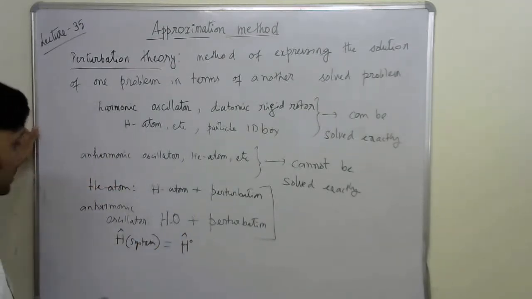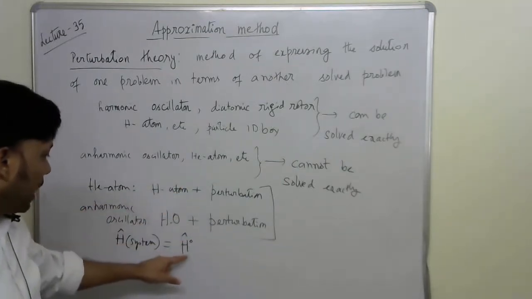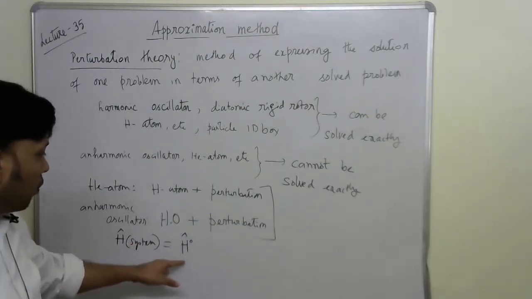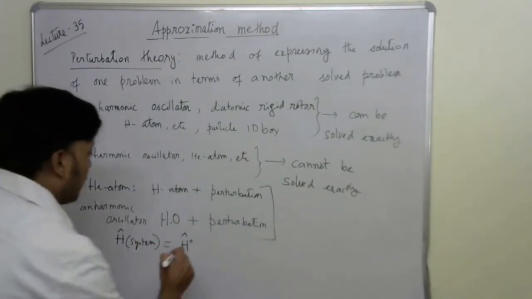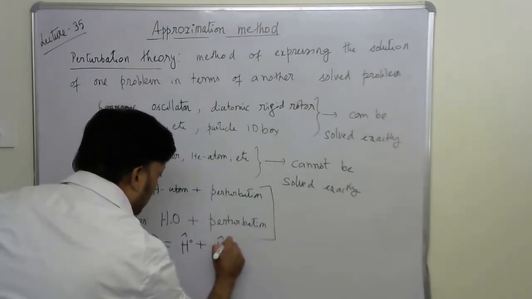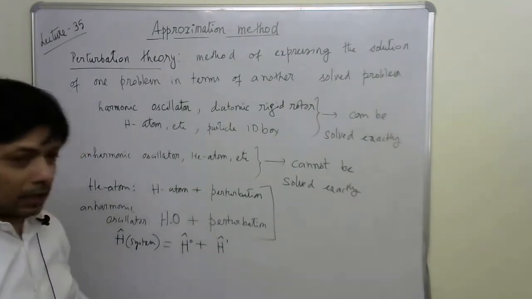H naught stands for the already solved standard system. For the helium atom, it is the hydrogen atom. For the anharmonic oscillator, it is the Hamiltonian for the harmonic oscillator. Plus some perturbation, which we denote as H1.